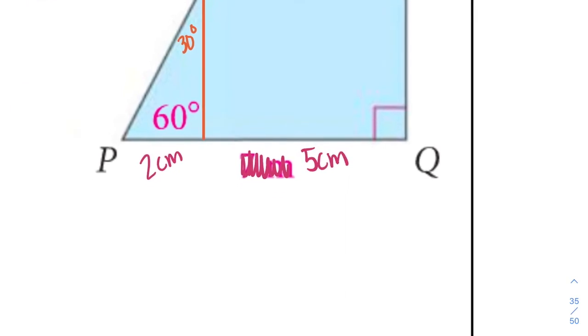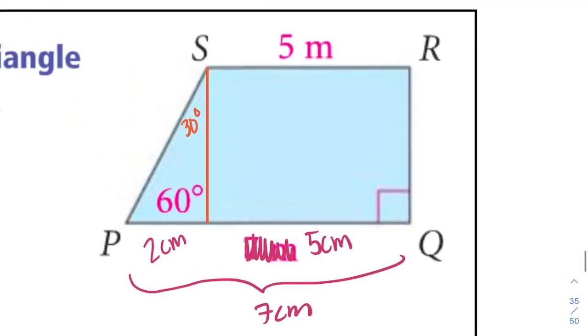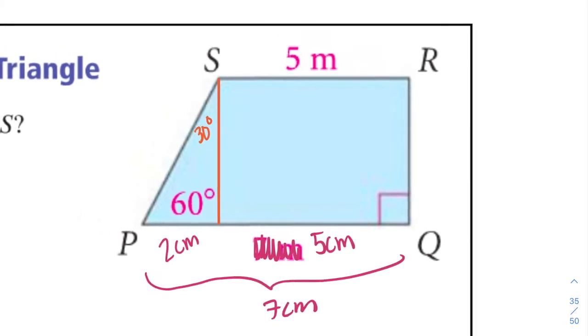It doesn't really matter. I guess I could leave this whole thing 7 because I'm going to need that later on when I'm finding the area of the entire trapezoid. But for right now, we're going to leave it like that.